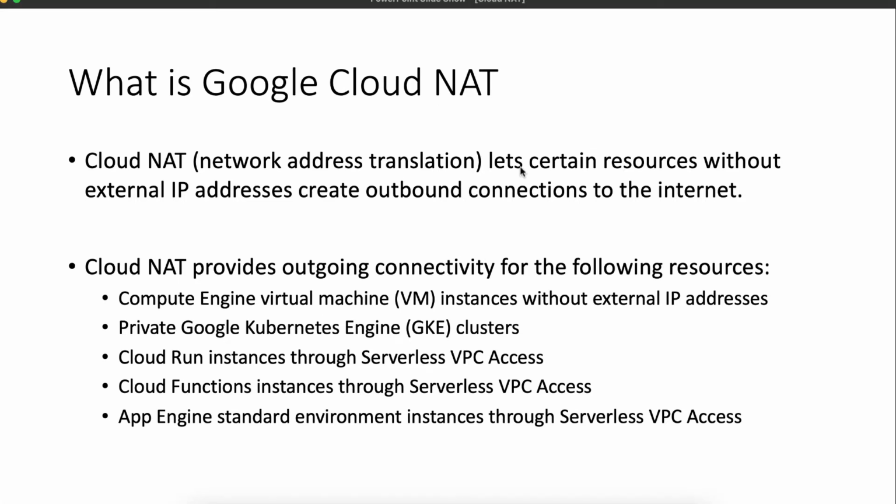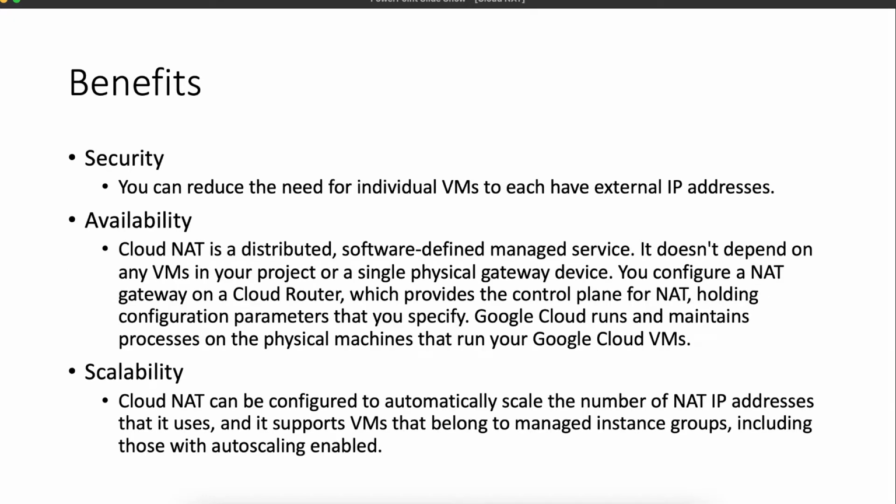Okay, now let's see why you want to use Cloud NAT, right? So, like I said, you can technically create a virtual machine and configure that virtual machine to be used as a NAT, as opposed to using a Cloud NAT. But why would you choose Cloud NAT as opposed to creating your own virtual machine?